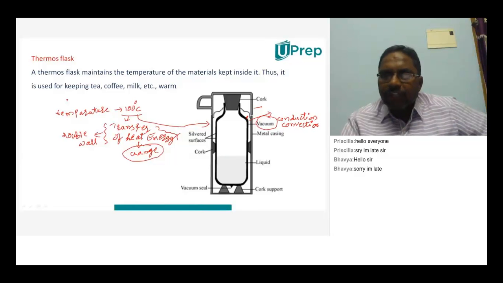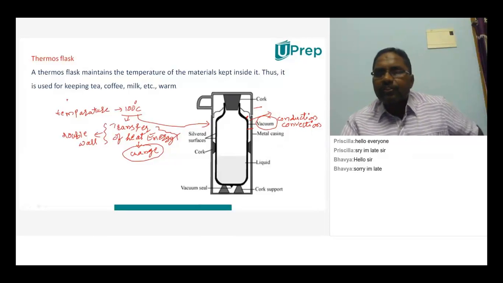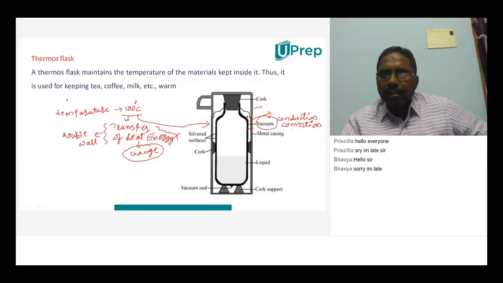So this double-walled structure of a thermoflask protects from transfer of heat energy by conduction and convection. So these two will not happen. And when these two are not happening, there is a chance of radiation. To protect it from radiation, what will be there on the inside of the second wall?